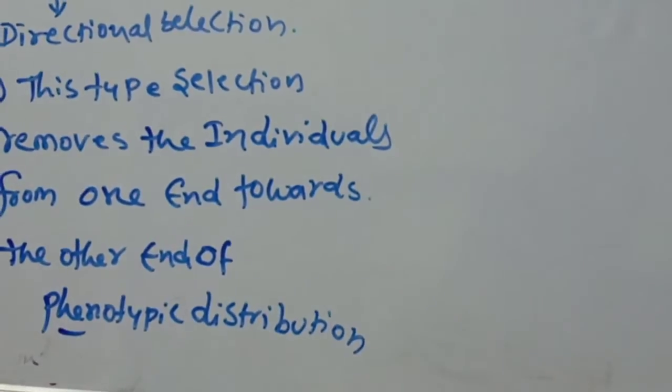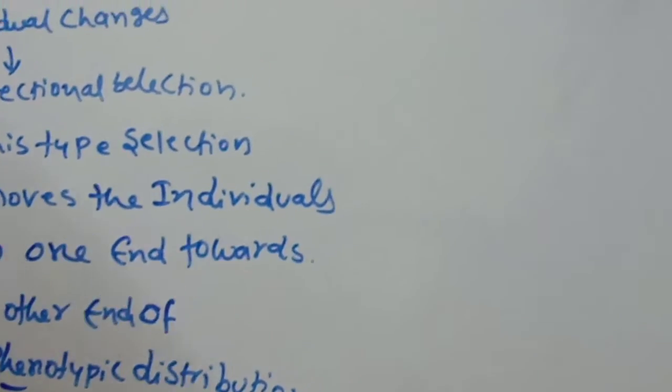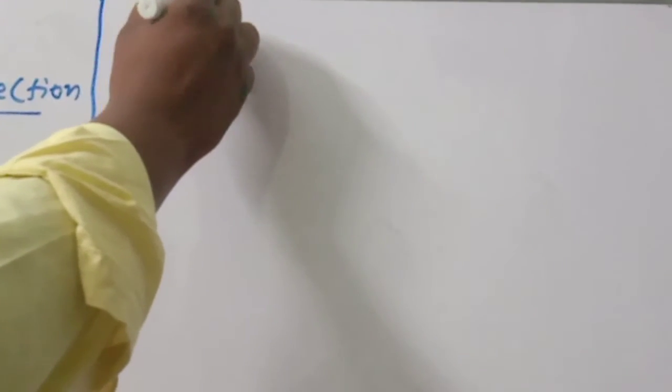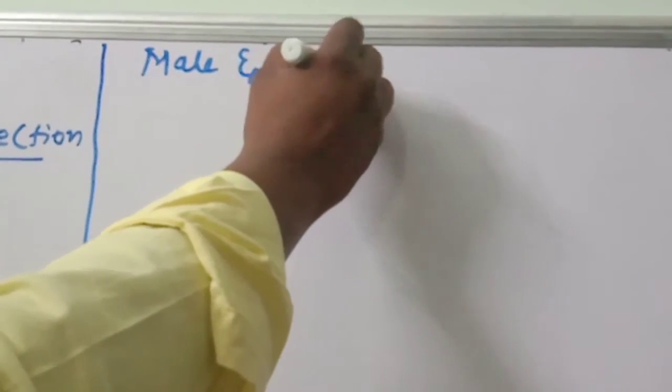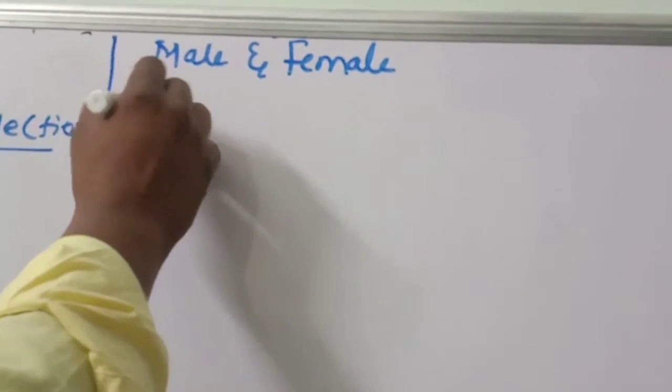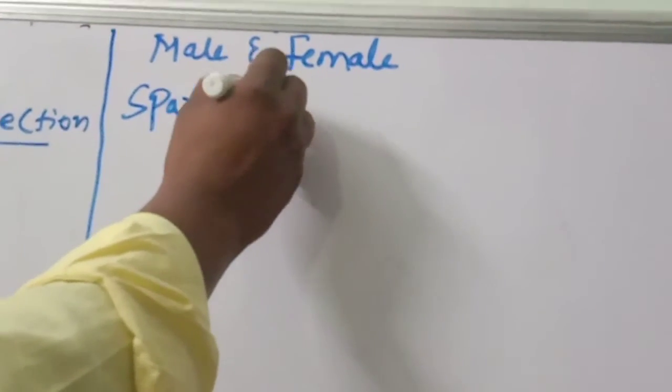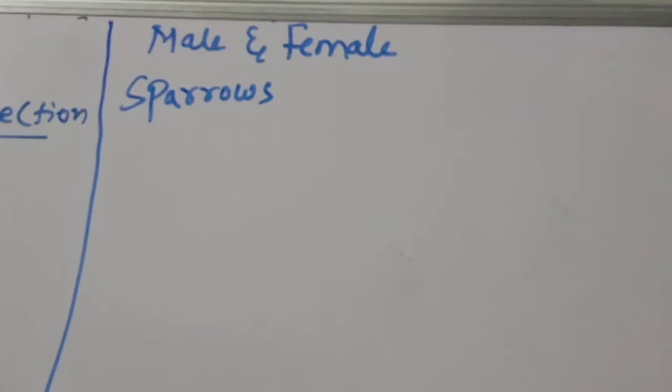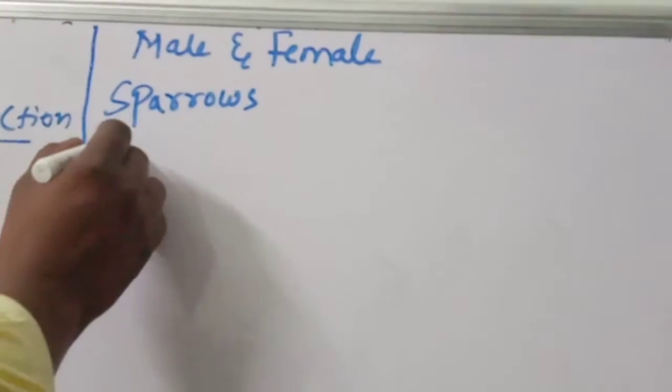Phenotypic distribution. For example, the size difference between male and female sparrows. Take male and female sparrows. These male and female sparrows have a size difference.